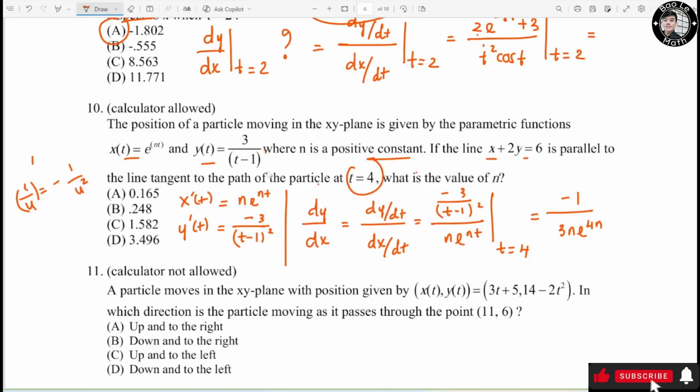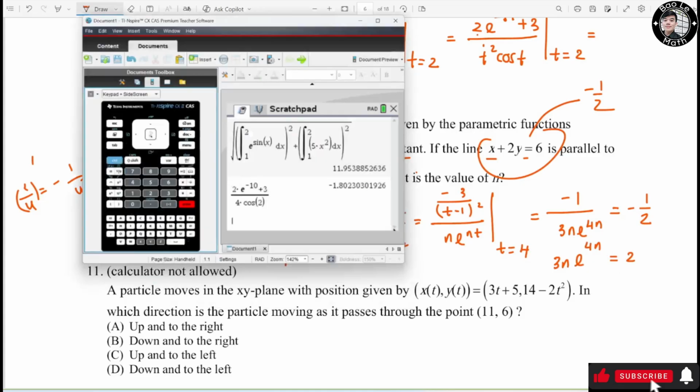And this tangent line is parallel to this line, right? So they have the same slope, right? The slope of this guy is negative 1/2, right? So we're going to let this one equal negative 1 over 2. This is the same thing as 3n times e to the 4n equals 2. Now we're going to run these two lines on the calculator.